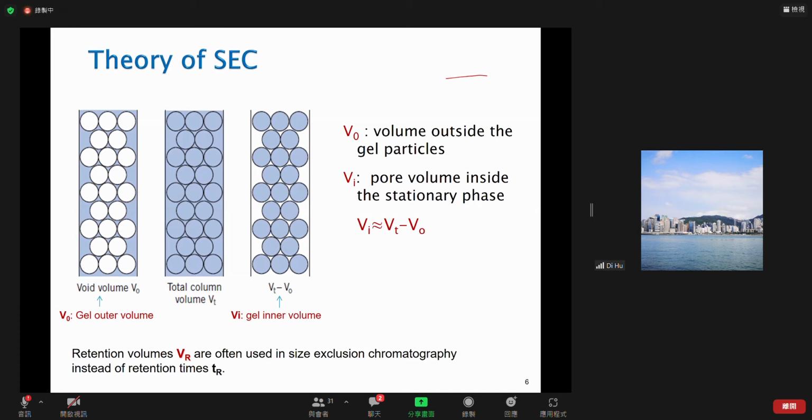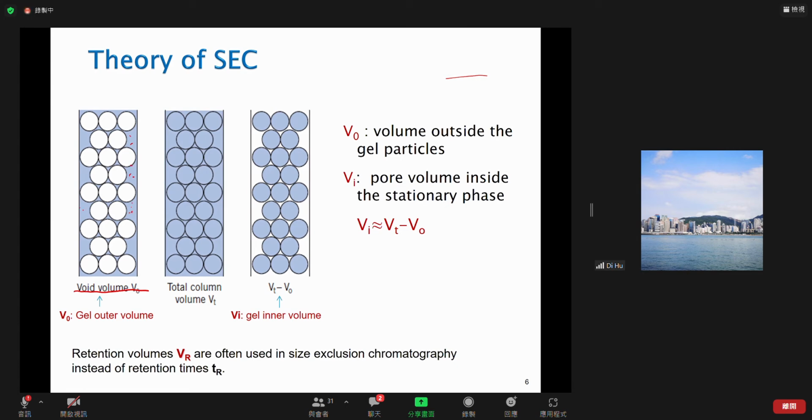So the volume they can travel through is the free volume outside the packing particles, which is called the void volume, V0. Size exclusion chromatography also uses a packed column, with silica gel or resin particles, typically 5 to 10 micrometer in diameter, similar to HPLC. But they have gaps between those particles.